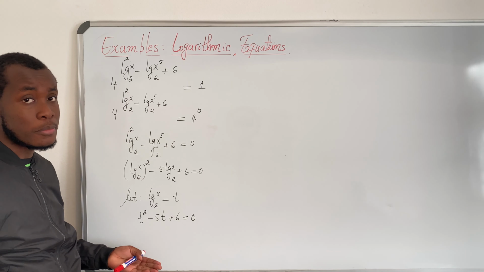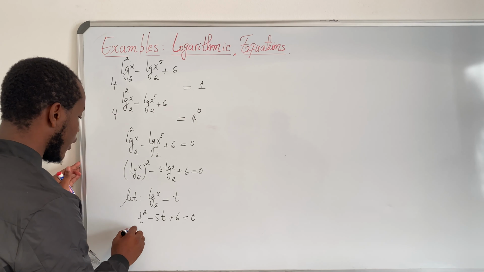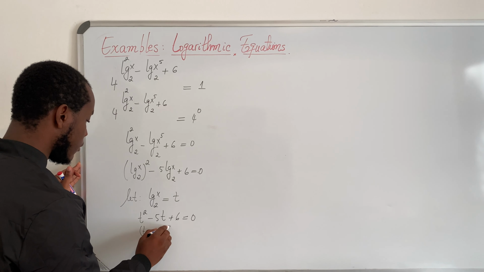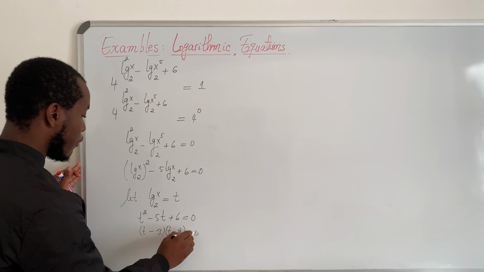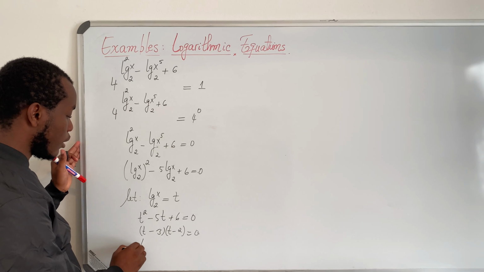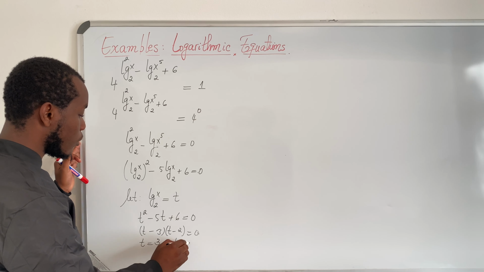If this method does not work, then we apply another method. So we have t minus 3 times t minus 2, because they multiply to 6 and add to minus 5. So that means t is equal to 3 or t is equal to 2.